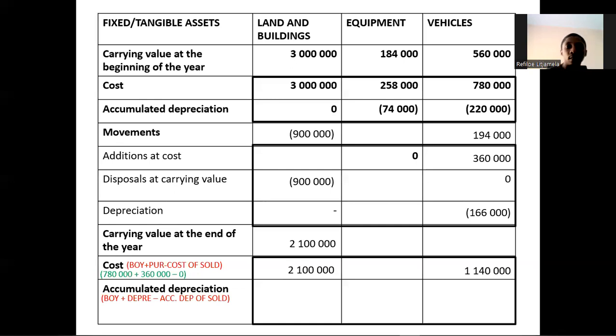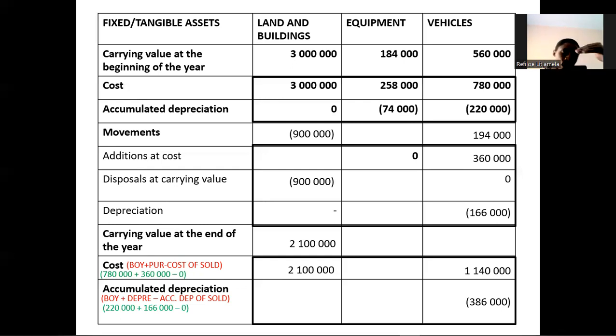In this case, we didn't sell any vehicles, so it'll be accumulated depreciation at the beginning of the year of 220,000. You add 166,000, which is the depreciation for the year, and we minus accumulated depreciation of the sold asset at the date of sale, which will be 0 because we didn't sell any vehicle, giving us accumulated depreciation at the end of the year of 386,000.